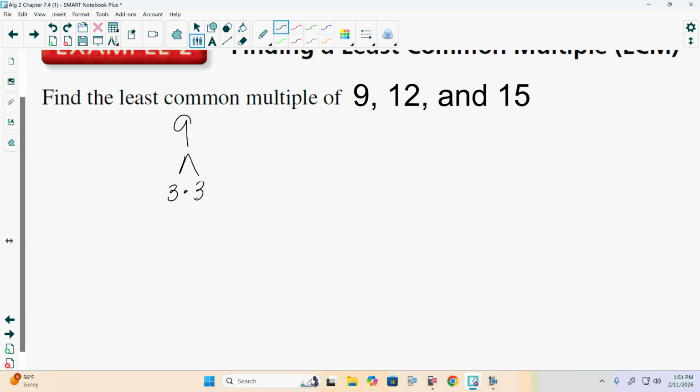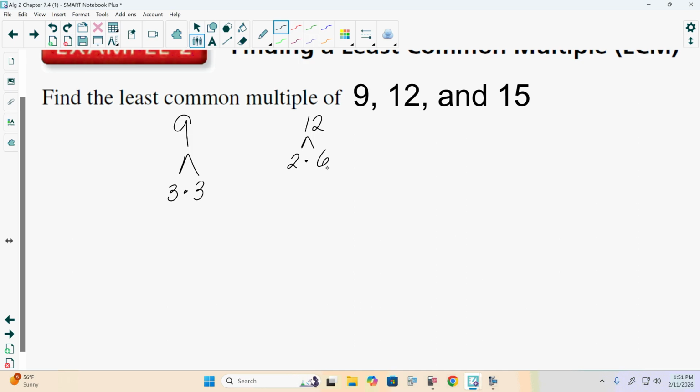So we start by seeing what multiplies together to give us 9. Well, that'd be 3 and 3, because 3 times 3 is 9. Now we look at 12. I try to start with the smallest numbers I can, except for 1. 1 doesn't tell us much of anything. Well, the first number we know that goes into 12 is 2 and 6. 2 times 6 is 12.